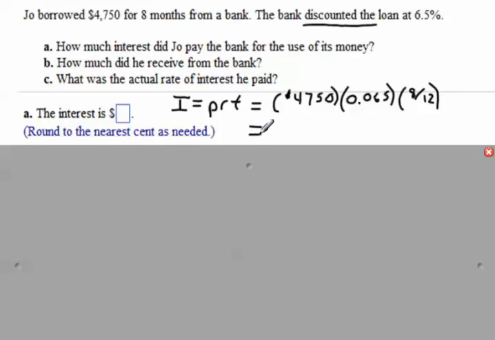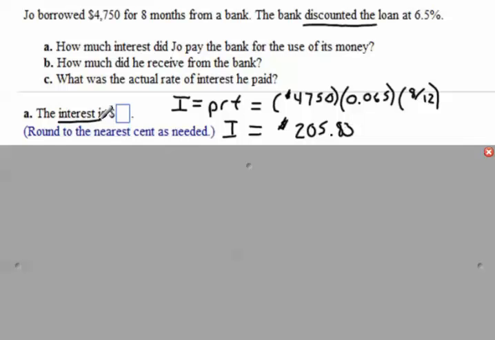And if we multiply those 3 numbers together, 4,750 times 0.065 times the fraction 8/12, we would get $205.83 repeating, but since it says to round to the nearest cent, we will write the interest I is equal to $205.83.